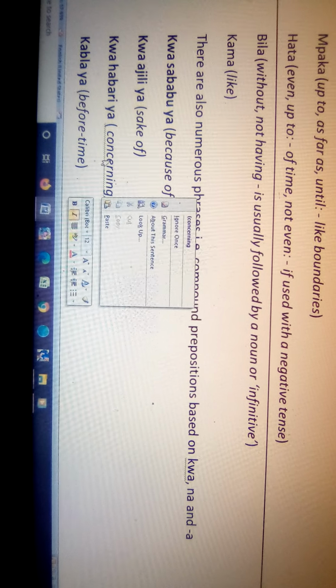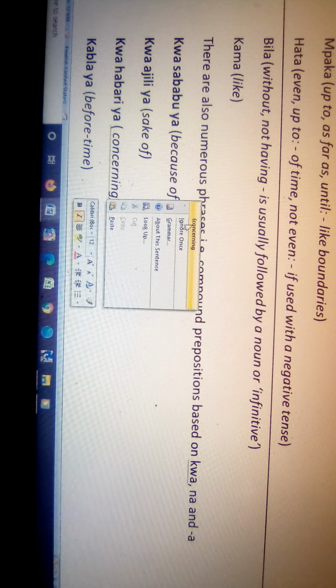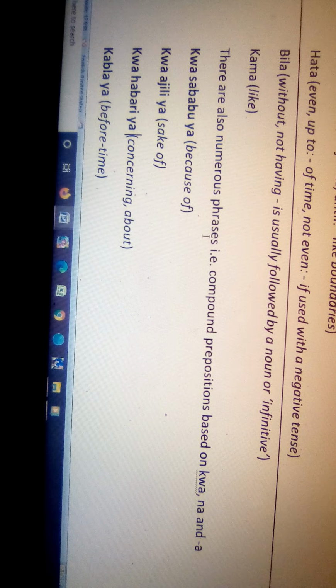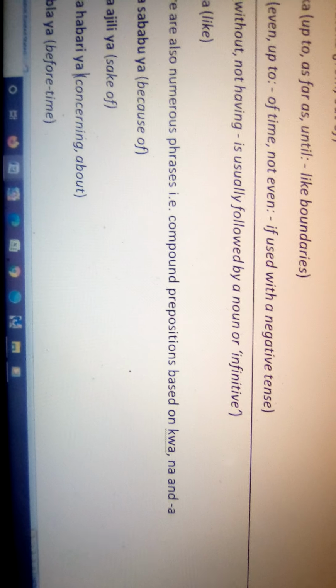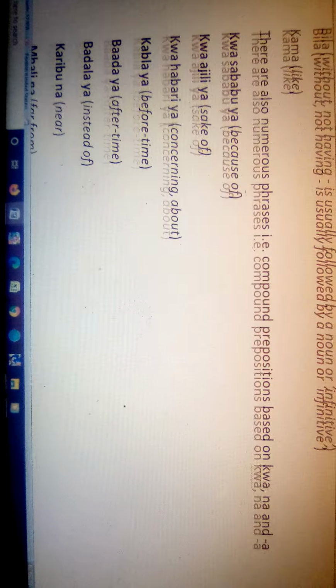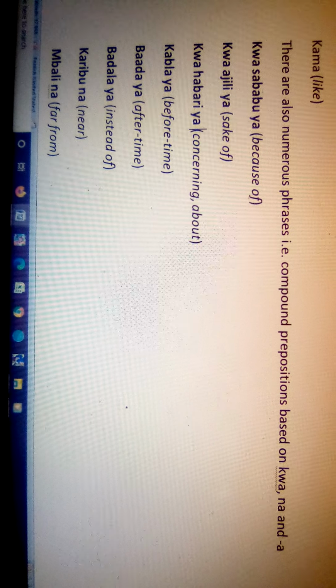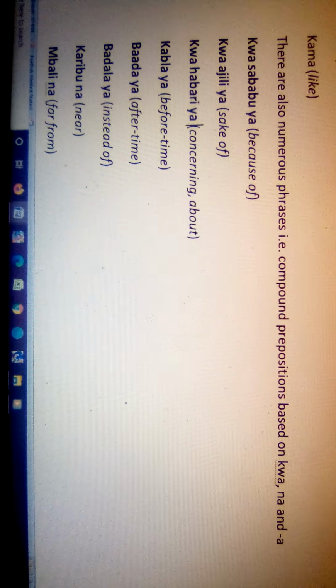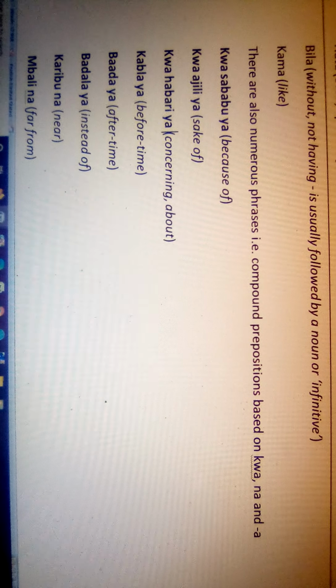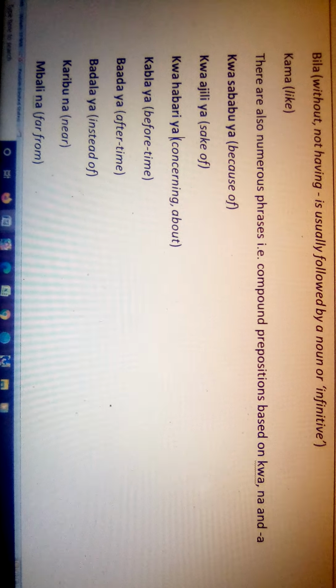Then we have kabla ya. We have kabla ya. Kabla ya just means before time. Then we have other prepositions, like for instance, we have baada ya. Baada ya is after time. Then badala ya, instead of.